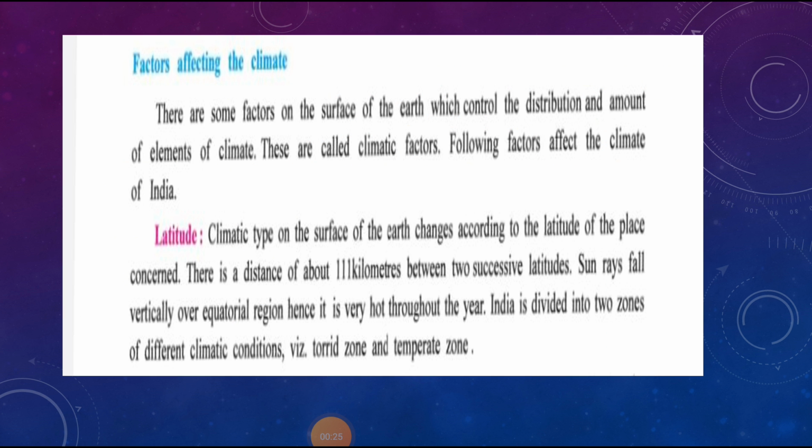Factors affecting the climate. There are some factors on the surface of the earth which control the distribution and amount of elements of climate, and these are called climatic factors. The climate of a particular place is influenced by a variety of interacting factors.